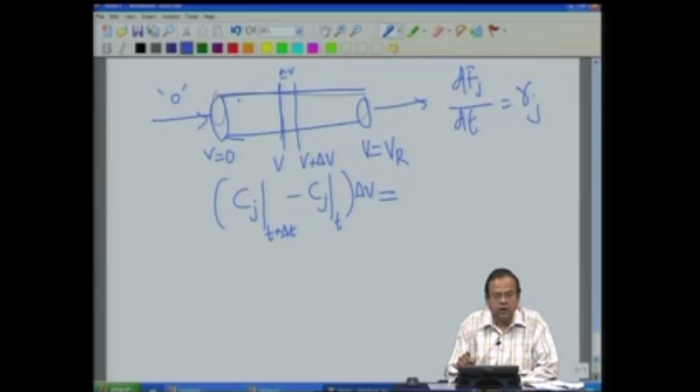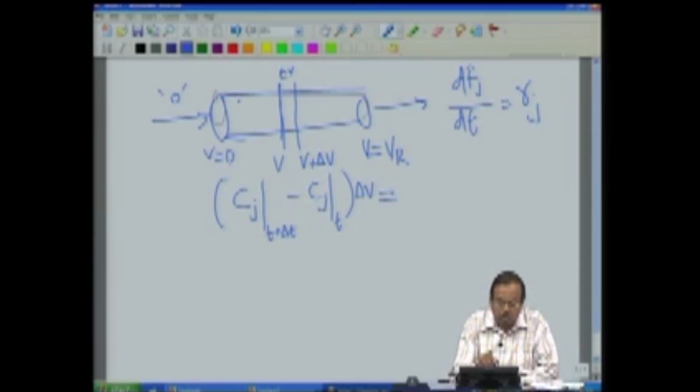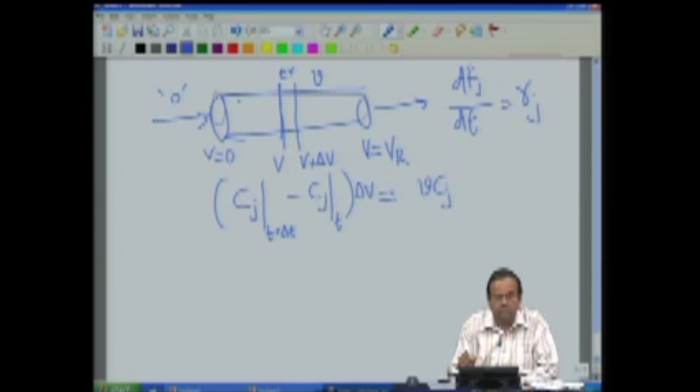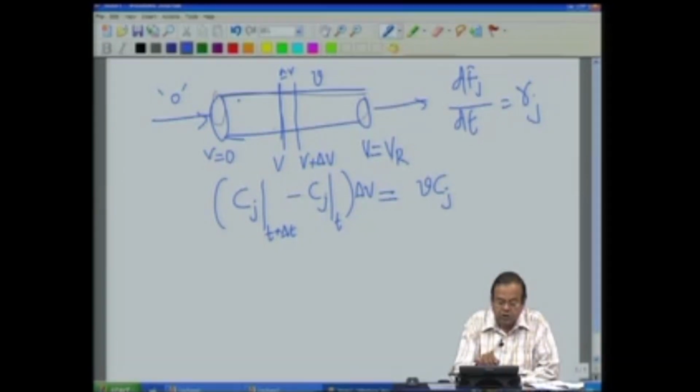So, this is equal to, the concentration is Cj prime. Let us say that small v is the volumetric flow rate coming in, going out. So, v into Cj is the rate at which the moles are coming in.